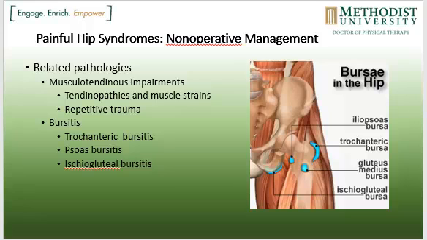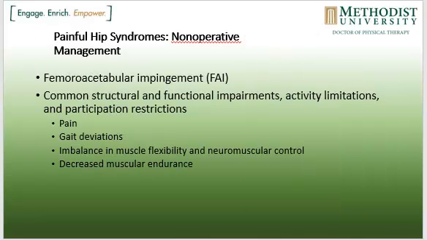They often occur with repetitive trauma. I think of runners or people who do a lot of repetitive activity. Bursitis is very common in the hip, especially the trochanteric bursa. The IT band comes over top of that trochanteric bursa and can cause some irritation and inflammation.